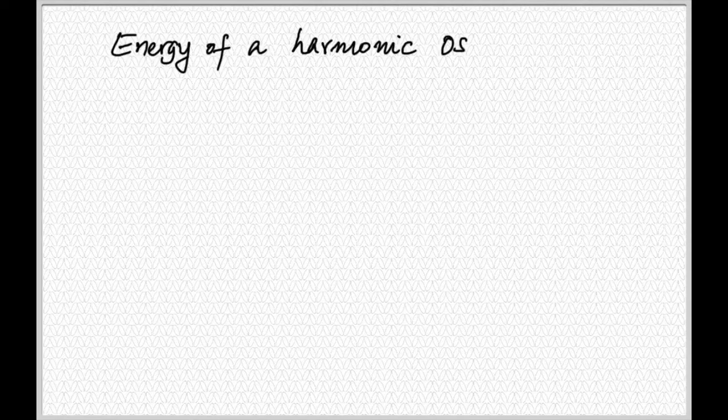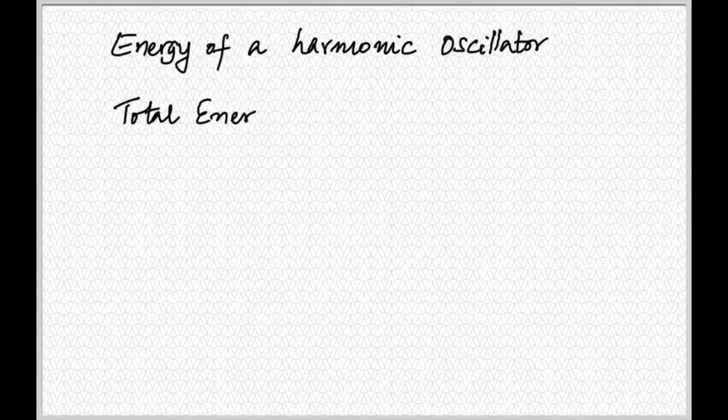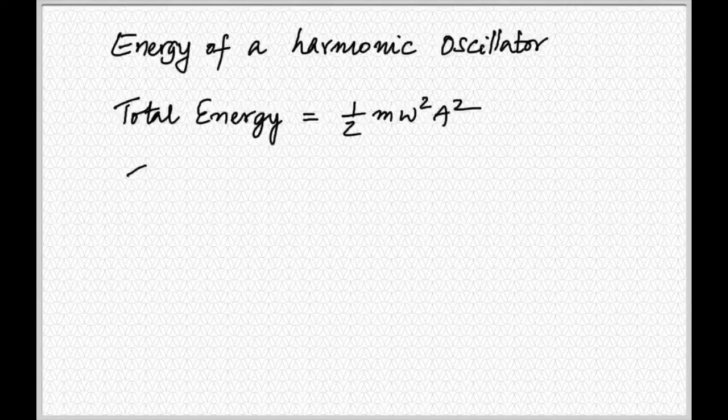Number 3, when we come to harmonic oscillations, we know that a harmonic oscillator has total energy, which is made up of potential energy and kinetic energy. Now, total energy is given by the formula 1/2 times mass times omega squared times a squared.